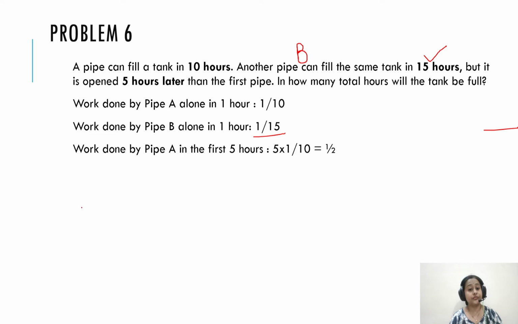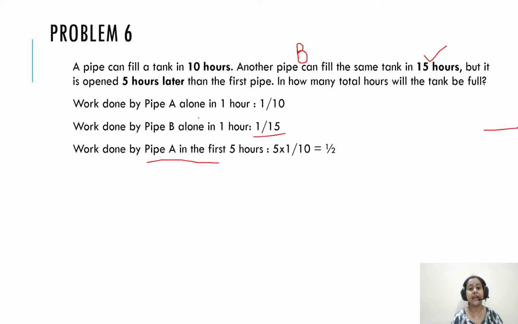First we have to find out how much is filled, because pipe B is opened 5 hours later than the first pipe. So in the first 5 hours, only pipe A is working, only pipe A is filling the tank.